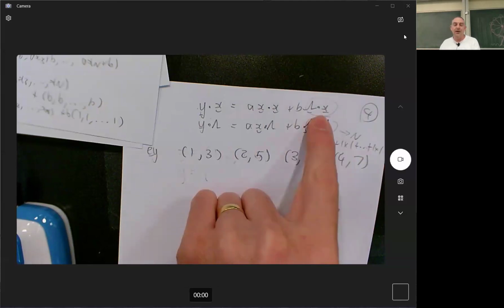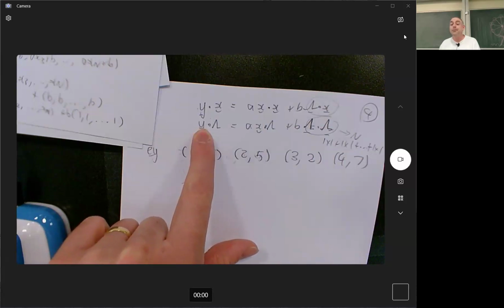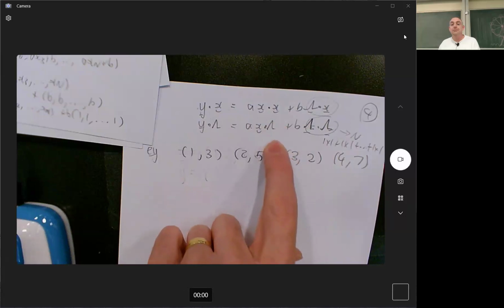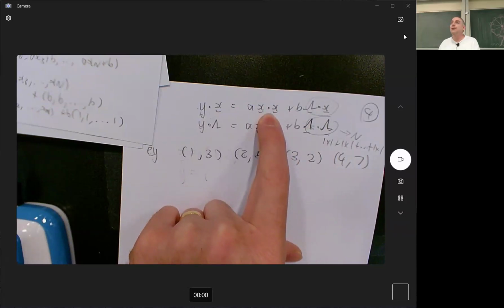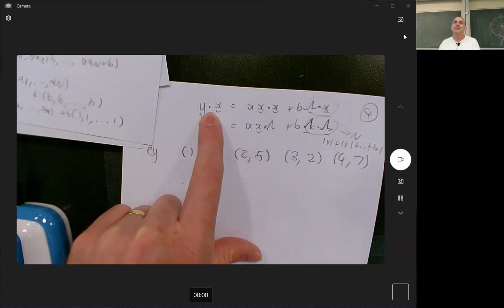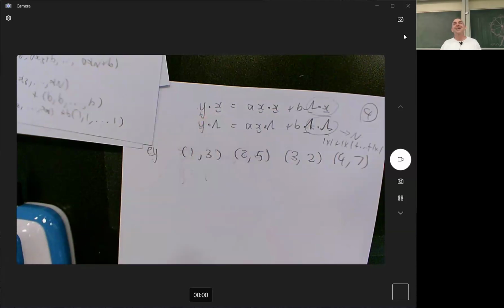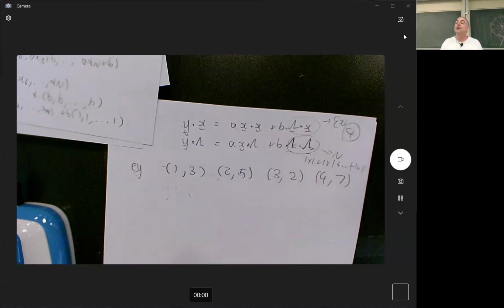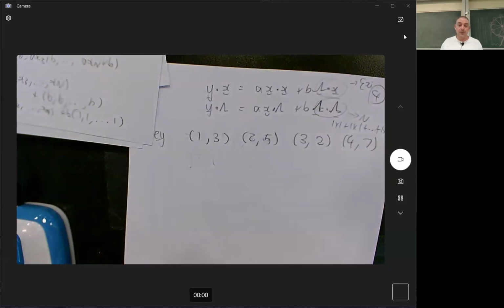So that'll be the sum of the values of x. This is the sum of the values of y. That is the length of x squared. And this is the dot product of y and x. Not much you can do with that. But yeah, so this is the sum of the x's. That's kind of cool. So you can do a shortcut with some of these things.